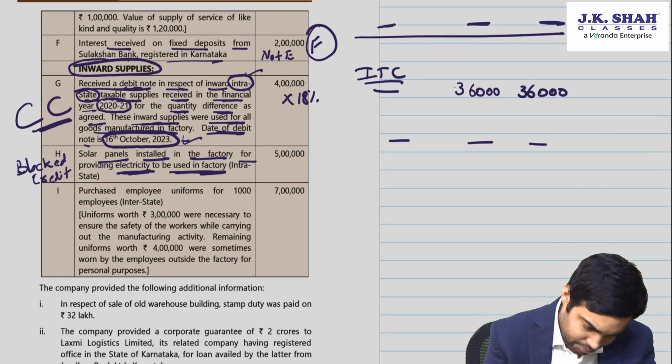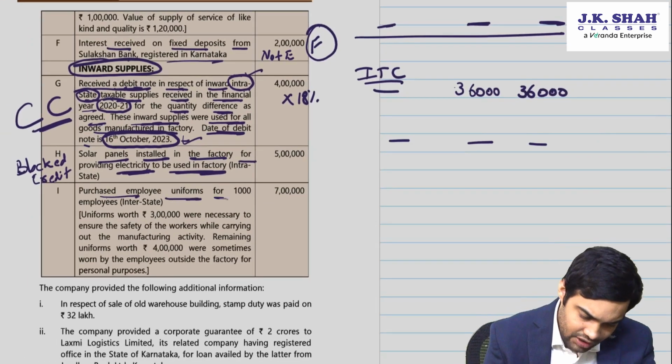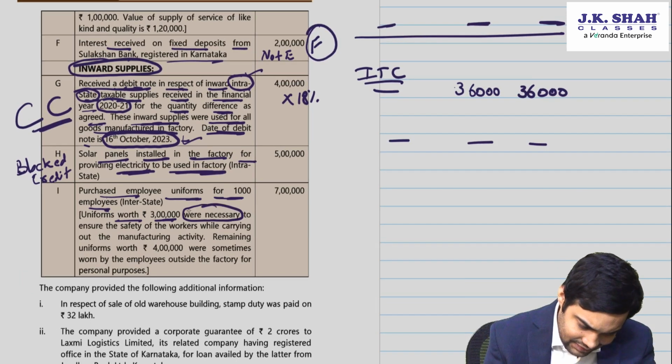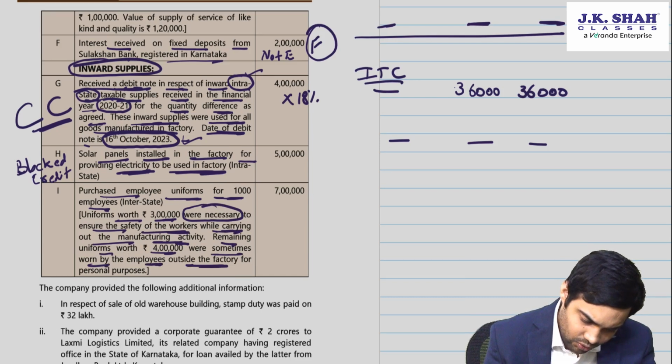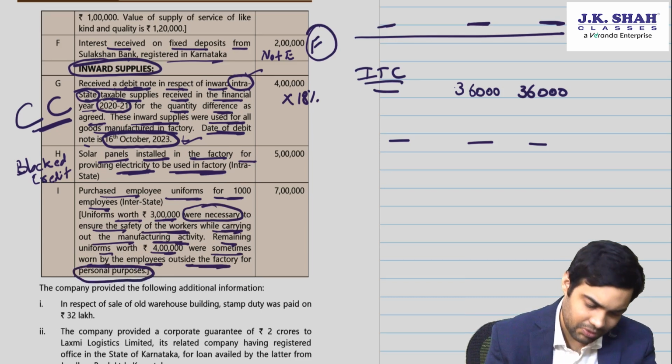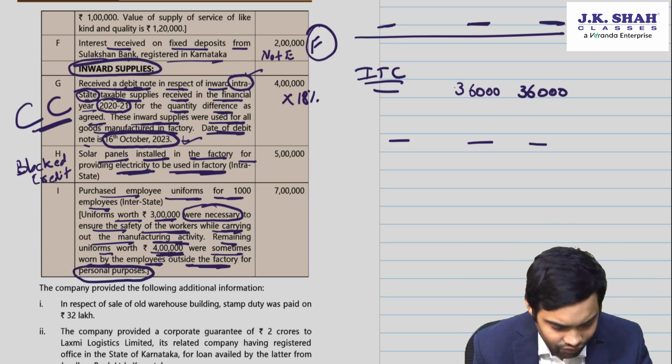Then purchased employee uniforms for 1000 employees. Uniform worth 3 lakh were necessary to ensure safety of the workers while carrying out manufacturing activity. Remaining uniforms of 4 lakh were sometimes worn by employees outside the factory for personal purpose. Will you get ITC for 4 lakh?